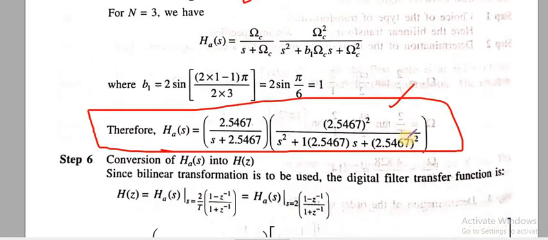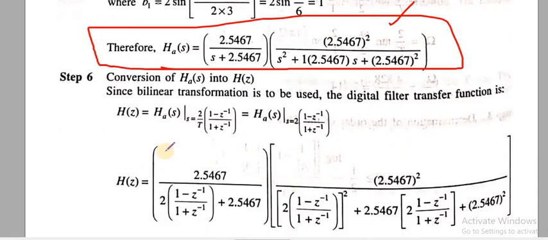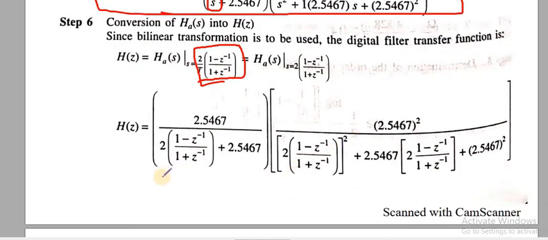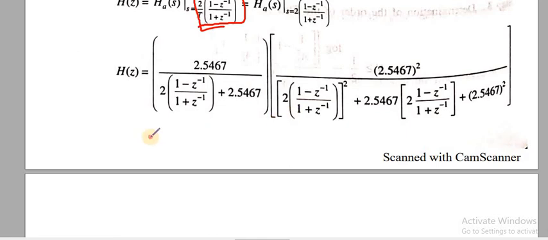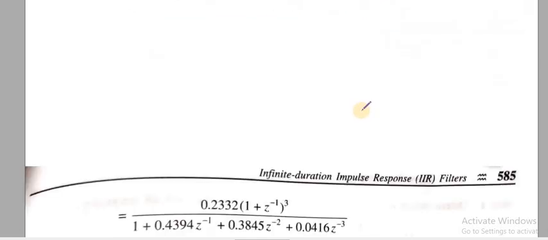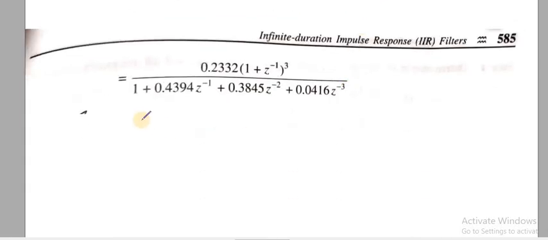Since we are using bilinear transformation, I simply replace S by this value. In bilinear transformation, for H of Z, we don't have to remember all the 4 standard H of S. You just replace S by 2 by T times 1 minus Z inverse divided by 1 plus Z inverse, and if you solve this, then you will get this value.